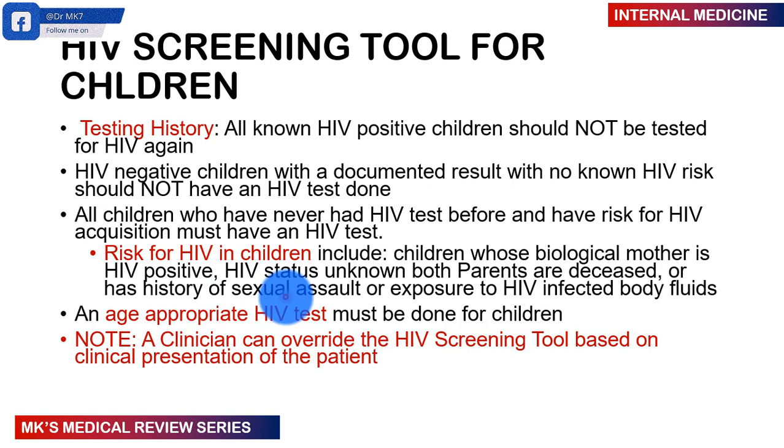I will talk about this a bit later on in this lecture about the different tests that we do for HIV patients. And then, just like with the adults, the clinician may override the test where they see that the screening tool is not really yielding anything, and you can actually test the children and rule out HIV.